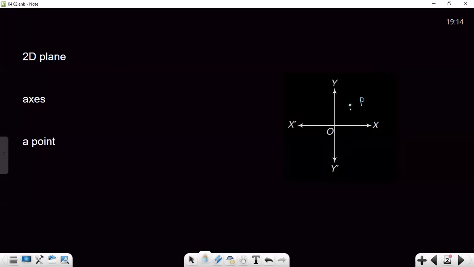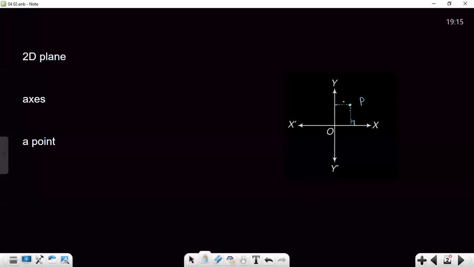So the distance between the point and the x-axis is this length, and it is perpendicular to the axis. The distance between the point and the y-axis is this distance.